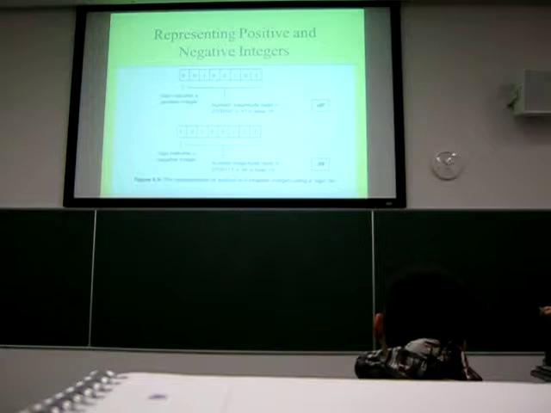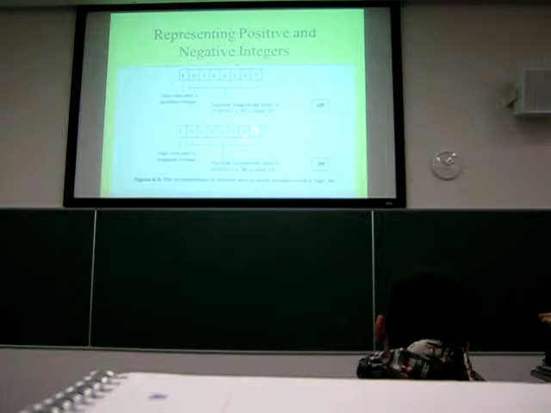Whereas for minus 39, that minus here is represented by a 1. Okay. And the rest of them corresponds to 39. So we had 37 here, and the only difference between this one and this one is 2, so 37 plus 2 is 39.